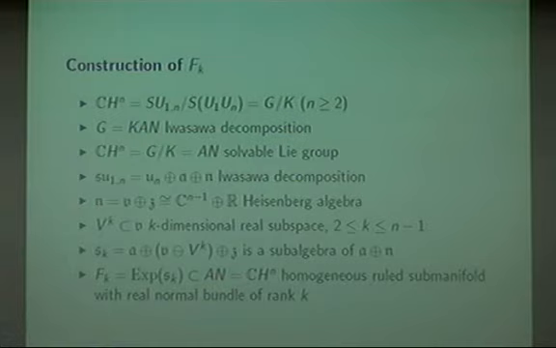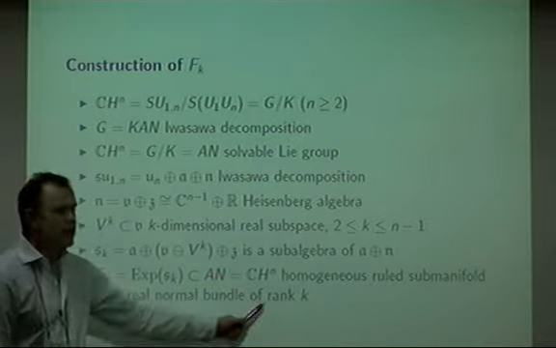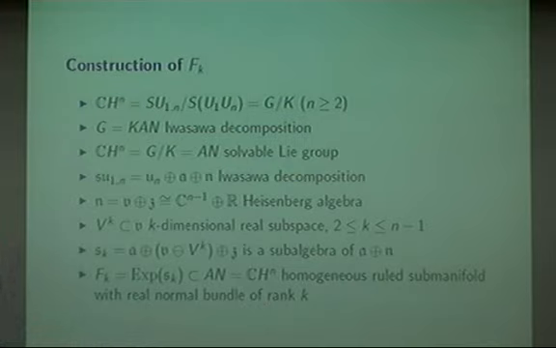It's homogeneous and ruled with a real normal bundle of rank k, which means the normal space has dimension k. It's a real subspace and it has dimension k. And the tubes around this submanifold are homogeneous hypersurfaces.